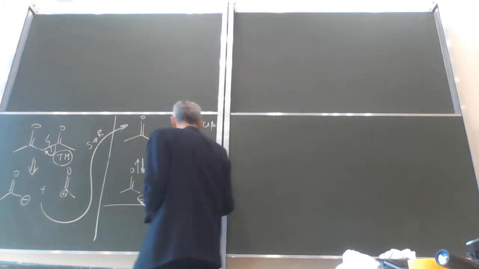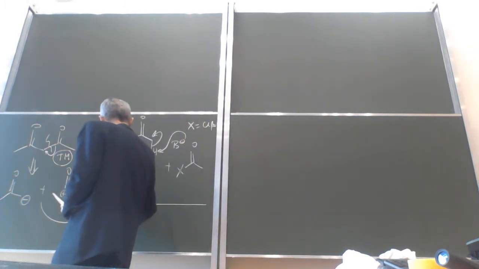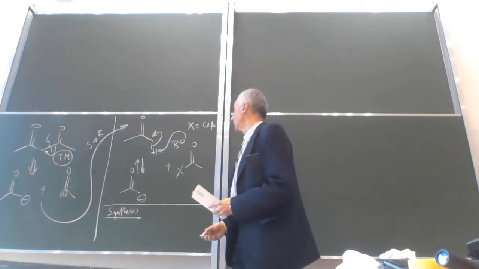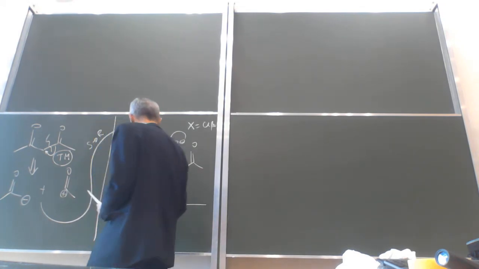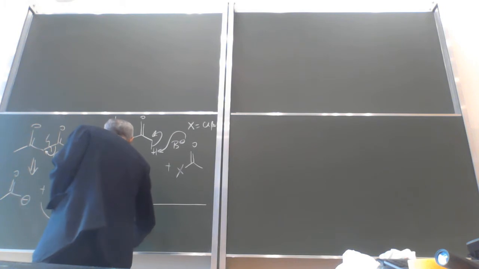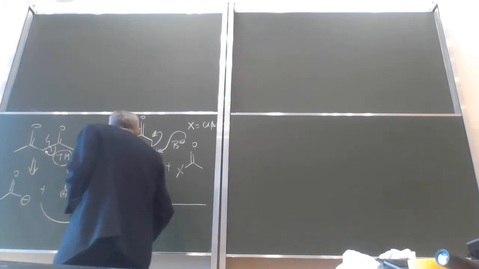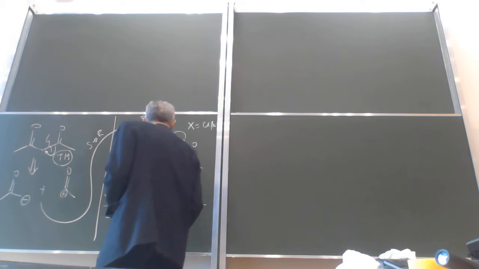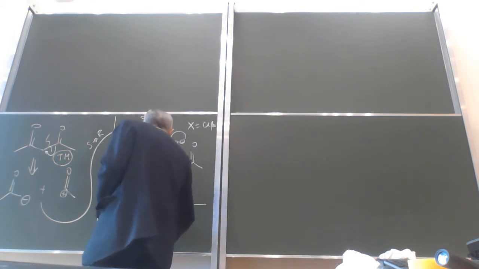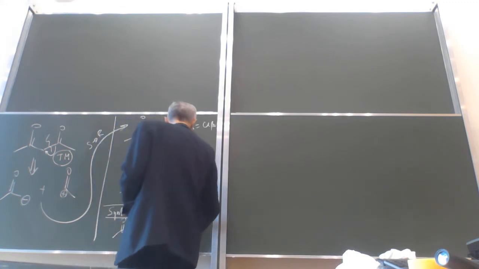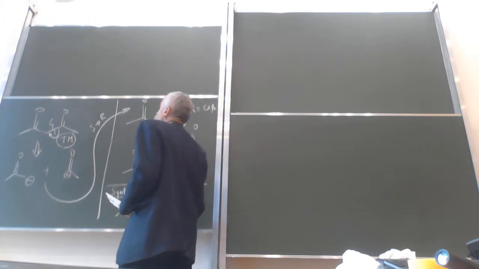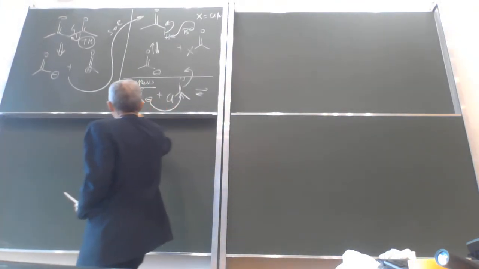Then, of course, we can note the synthesis, and the synthesis will be like this. Enolate plus such a reagent. Now we can use two tables, so it's a nice situation.